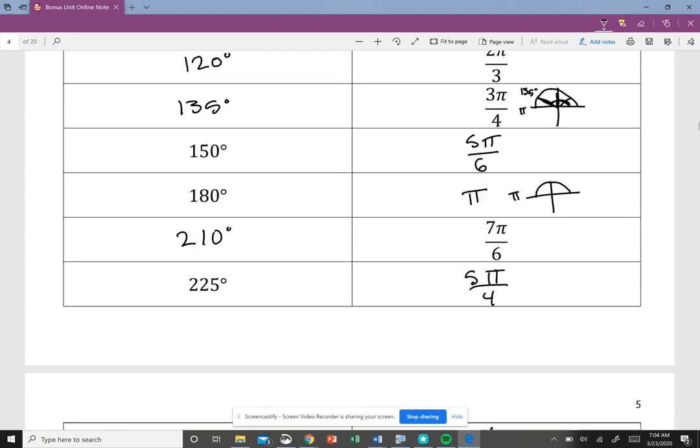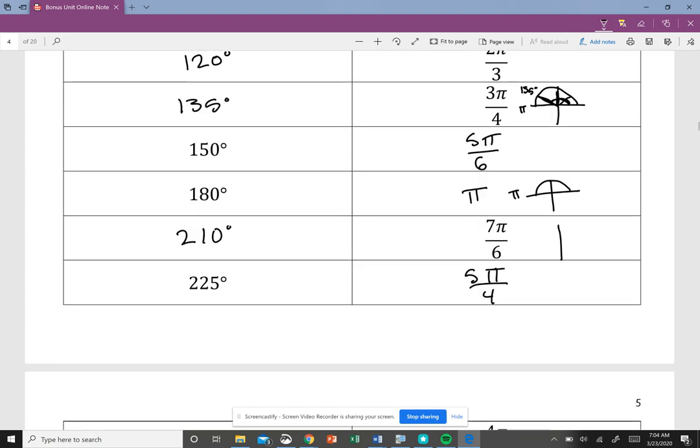So if I did 7 pi/6, I take my circle and split the top half into 6, because remember, we're talking about pi, and this is where pi is. I want to do 7 pi/6, so I should be 1/6 over pi, which would be right here, which is 210 degrees from the origin.